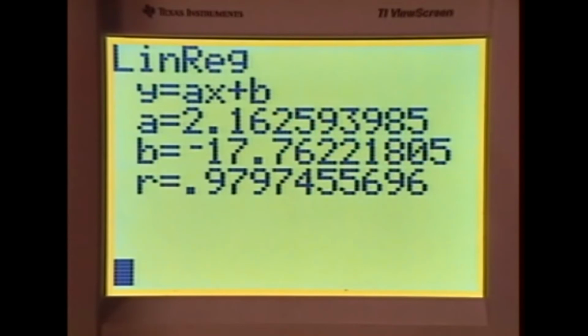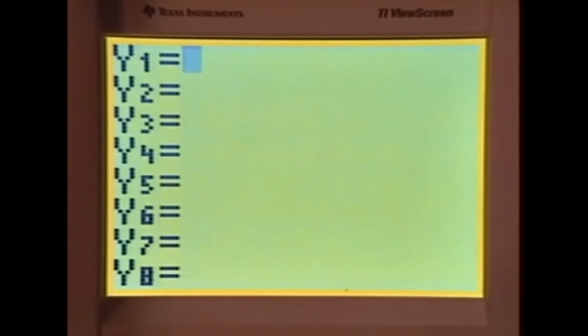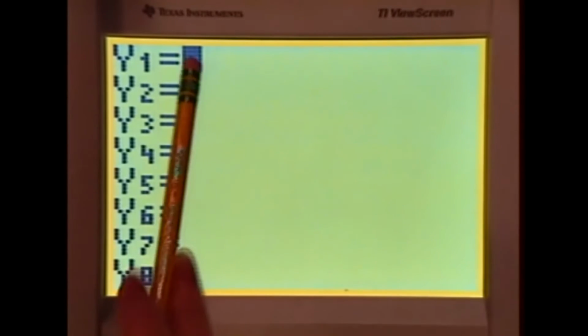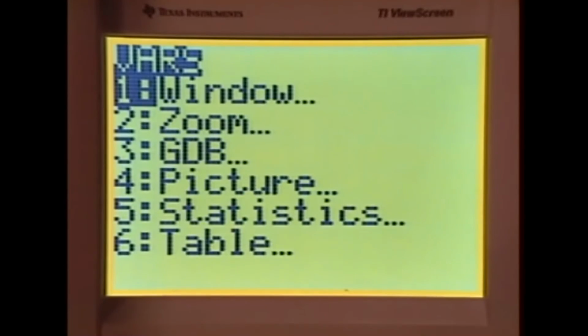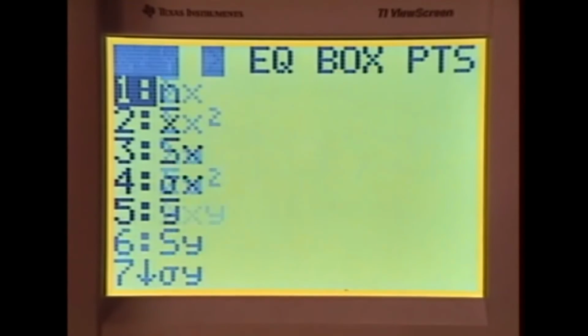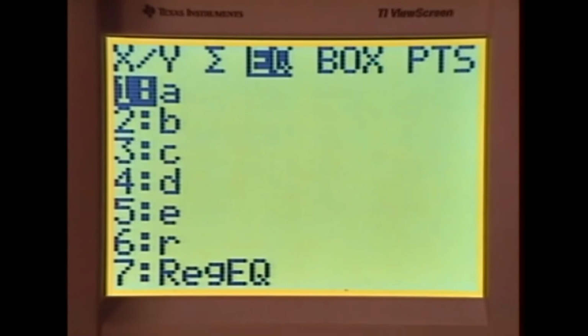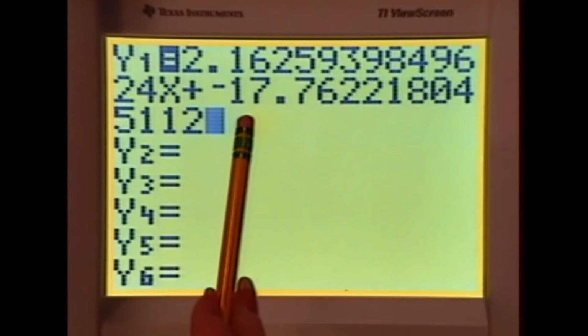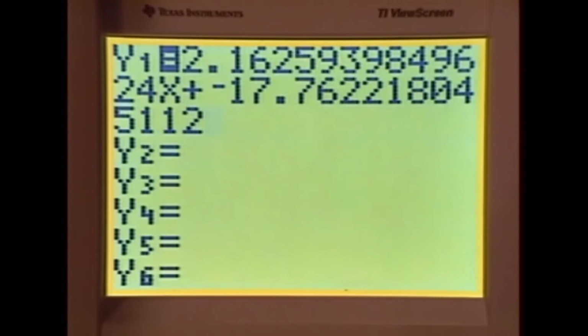If I now want to graph that line, I need to put that into the Y equals menu. So watch this sequence. I want it to come up here, so I push variables. I select statistics. I go over to equation. I select 7 for regression equation, and there is the equation in the y equals menu.